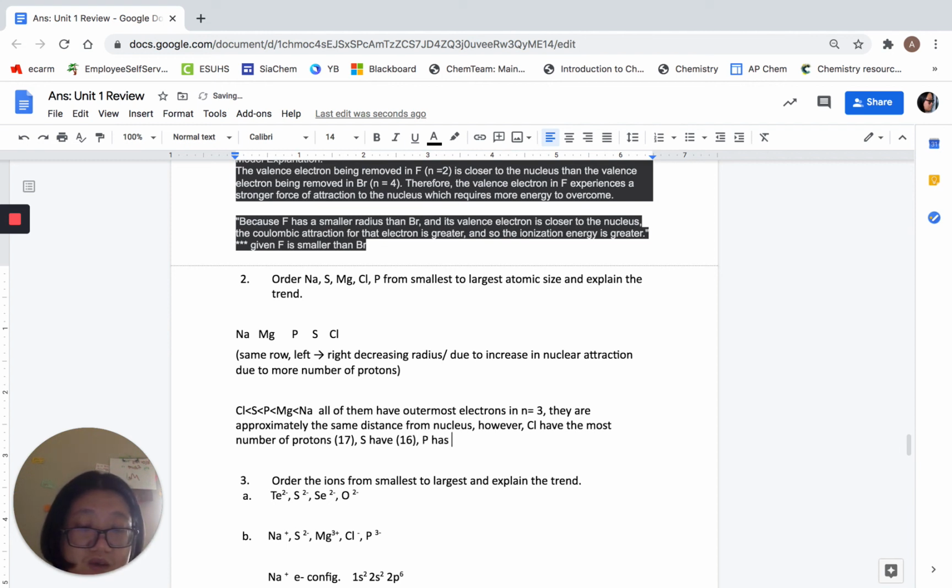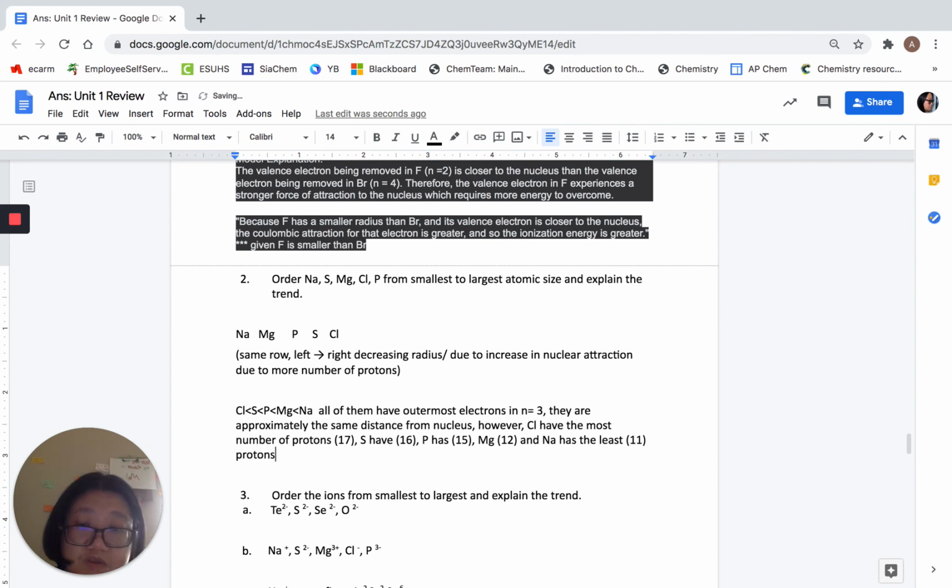P has 15. Mg is 12, and Na has the least, 11 protons.